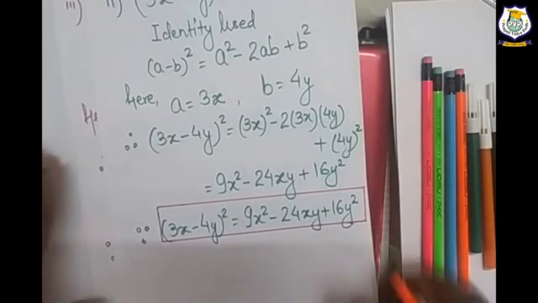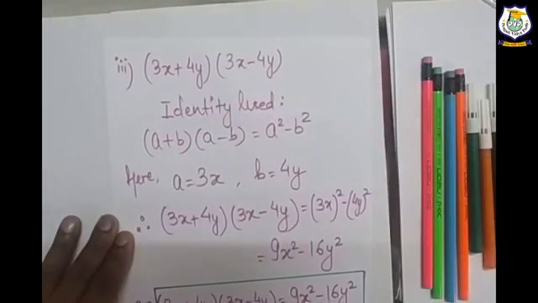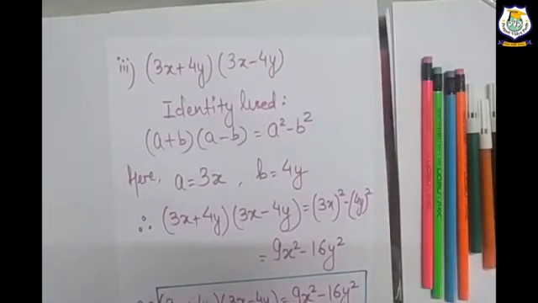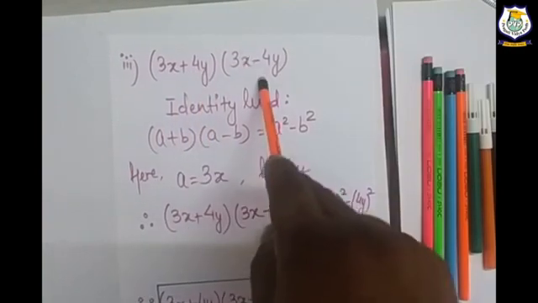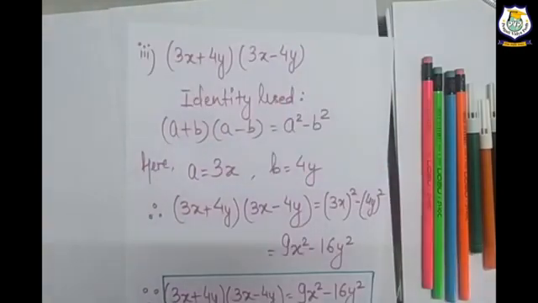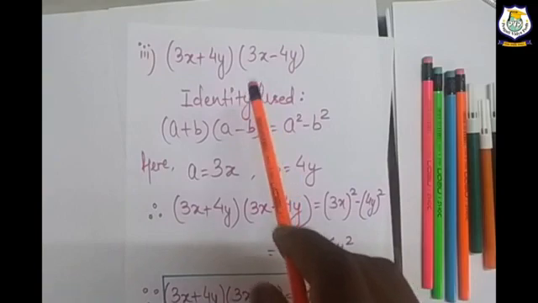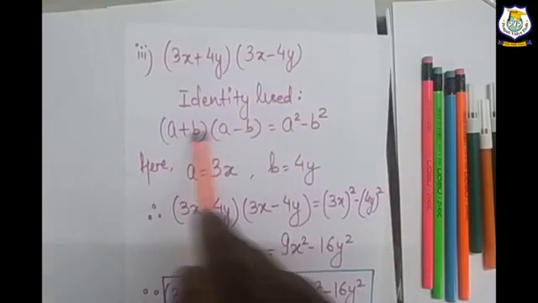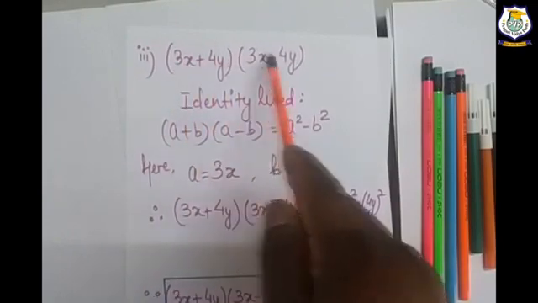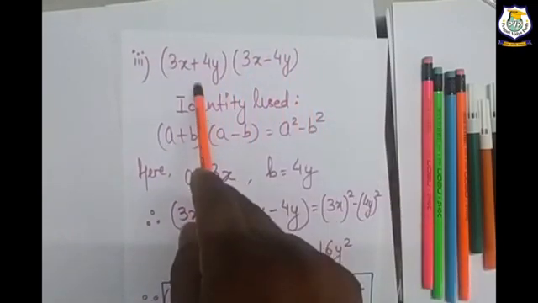Take another example. Suppose we have a question in which 3x plus 4y is multiplied by 3x minus 4y. In such a case, this is familiar to a plus b into a minus b. Both terms are the same, but with different signs.